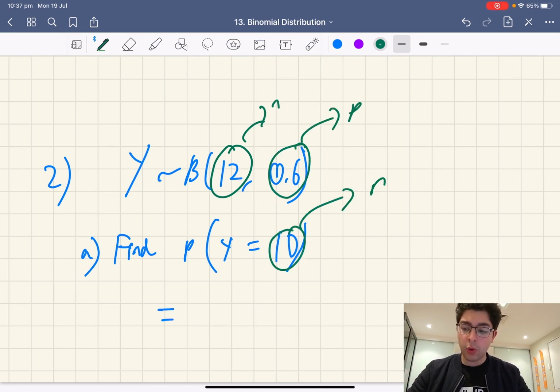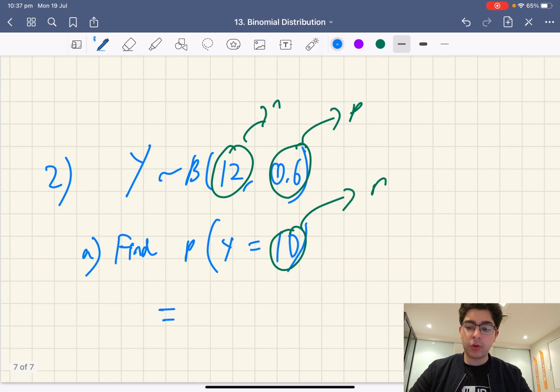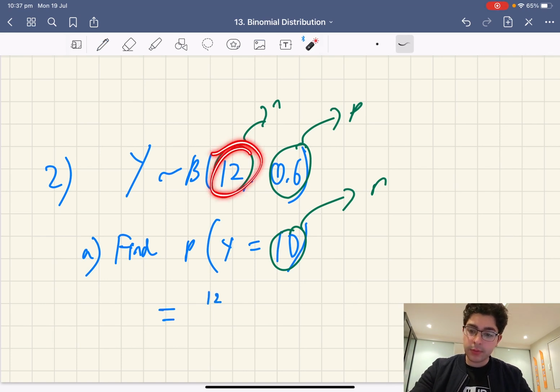Just remember where all of these things come in the context of the question, and it's usually not too tricky to solve. Then all you've got to do is say, okay, the probability that y equals 10 is going to be nCr, so 12, because that's n, C 10.